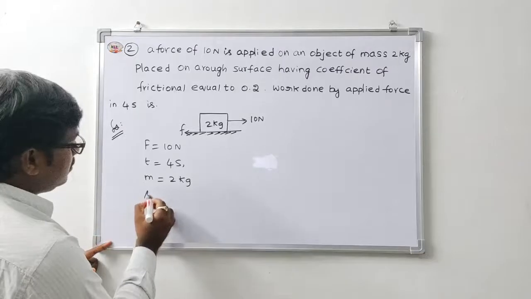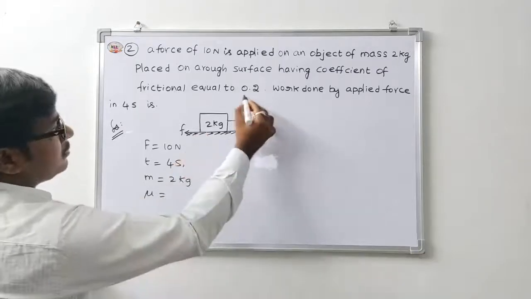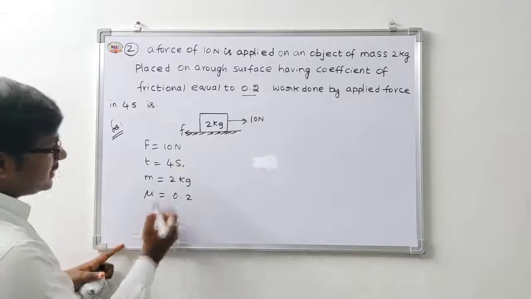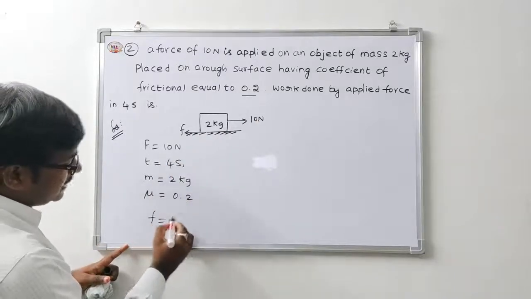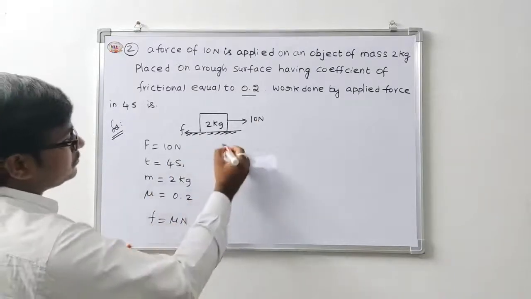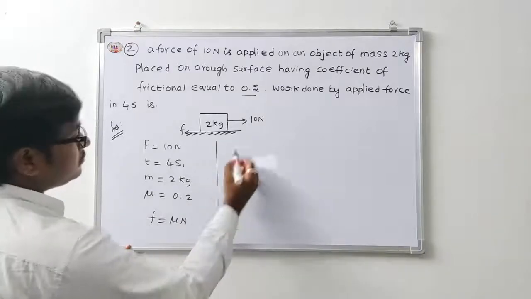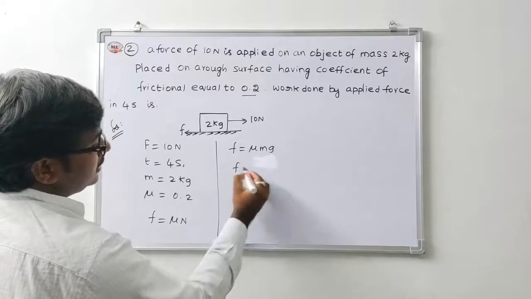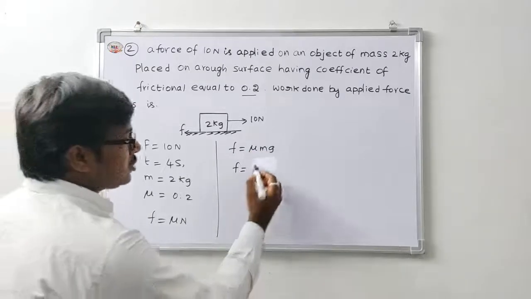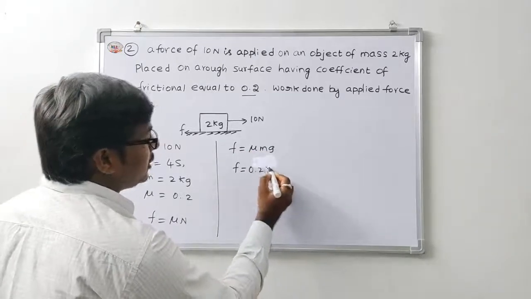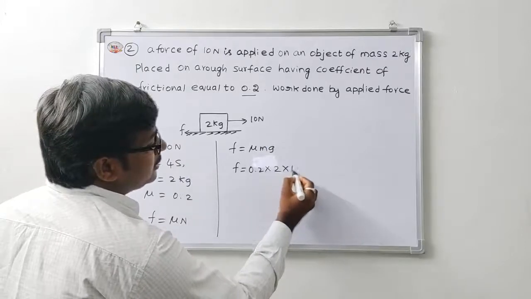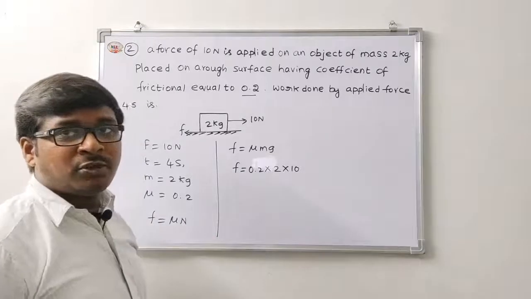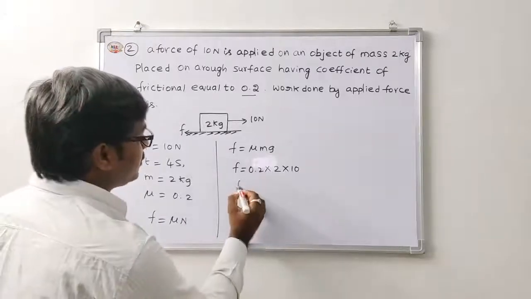The coefficient of friction mu is 0.2. First find the frictional force: f = mu N = mu mg = 0.2 into 2 into 10, 0.2 into 2 is 0.4, into 10 is 4 Newton.